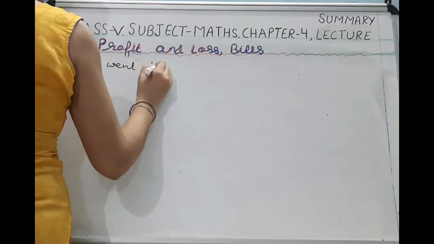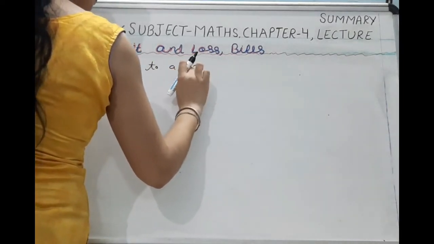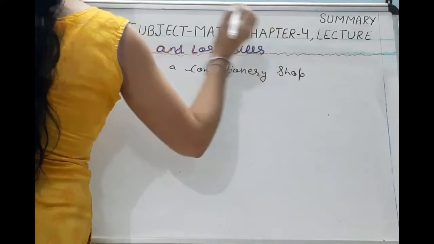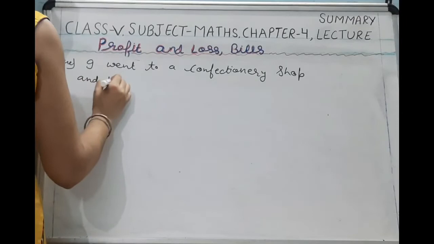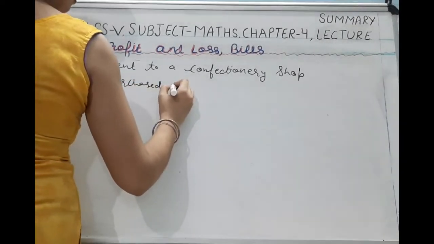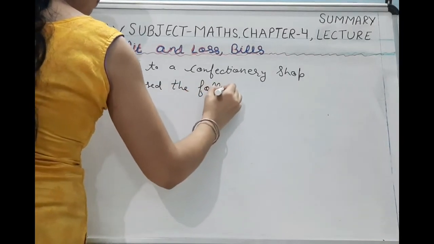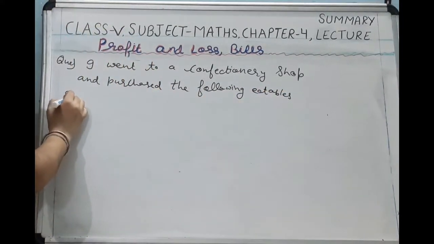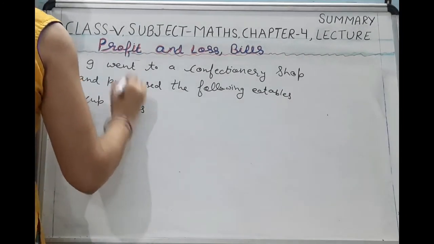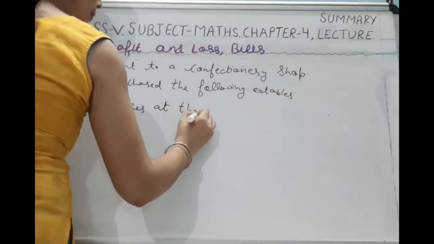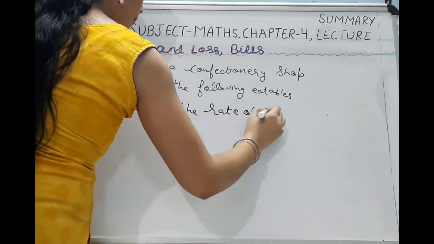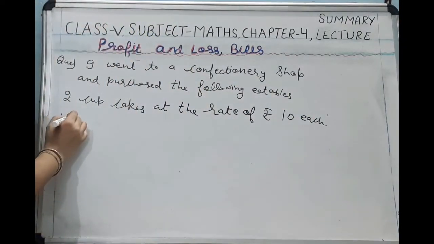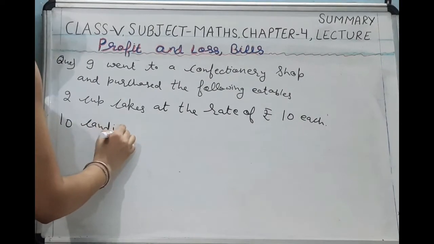I went to a confectionery shop and purchased the following eatables: 2 cupcakes at the rate of ₹10 each. 10 candies. Candies is a toffees.